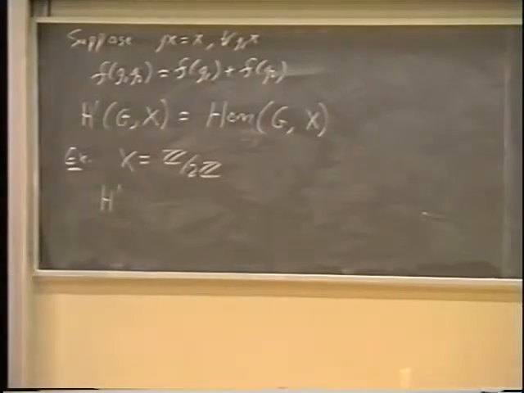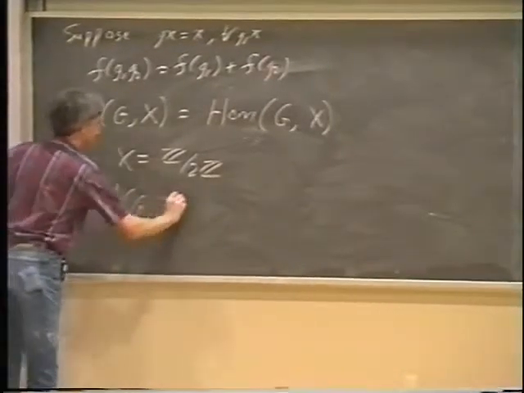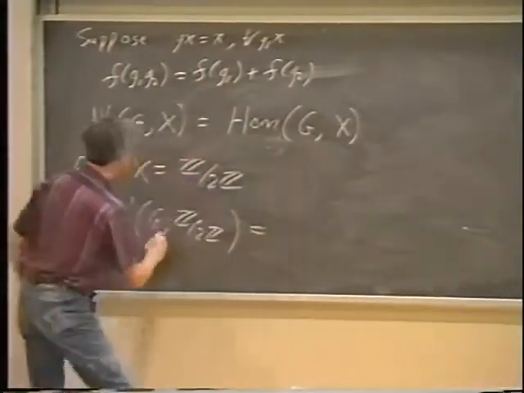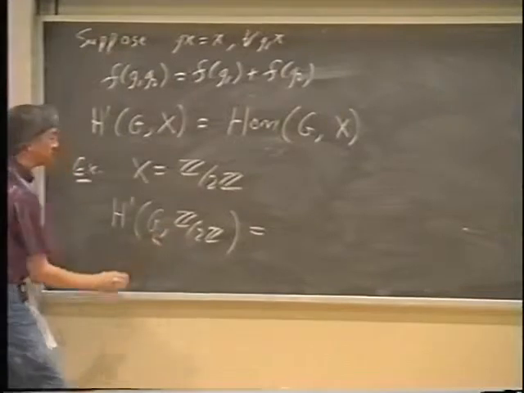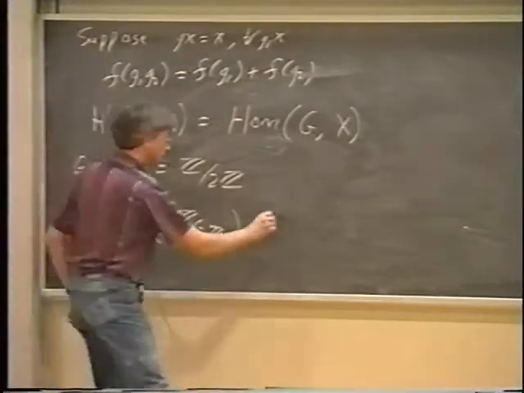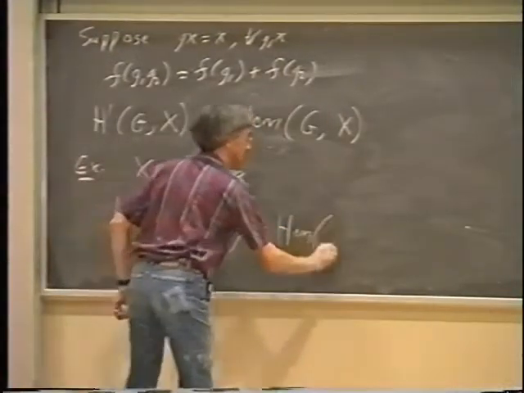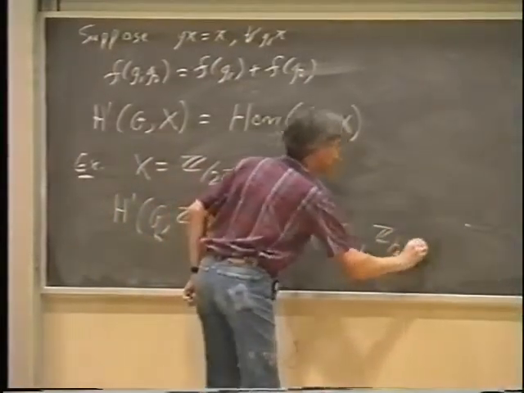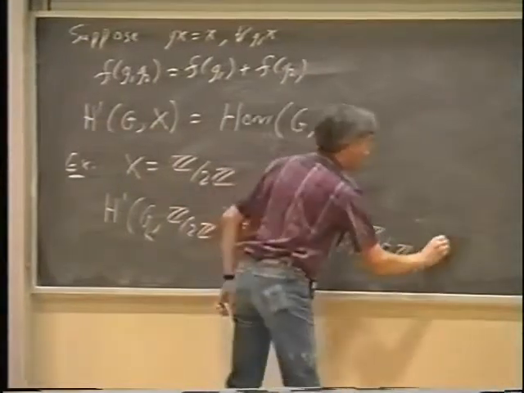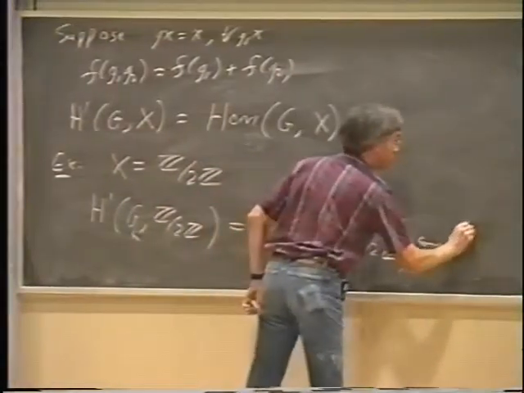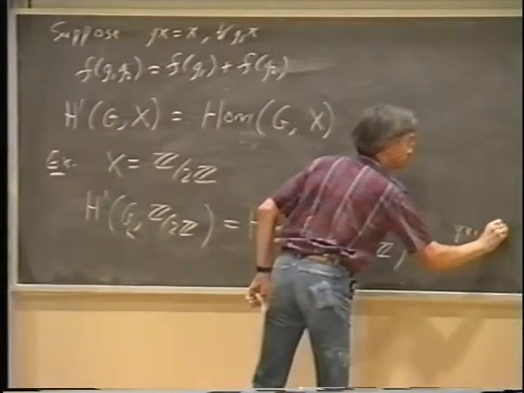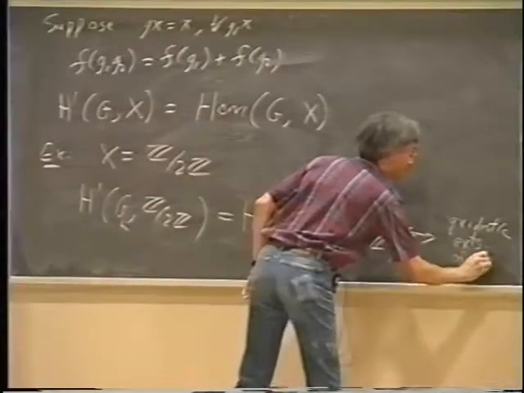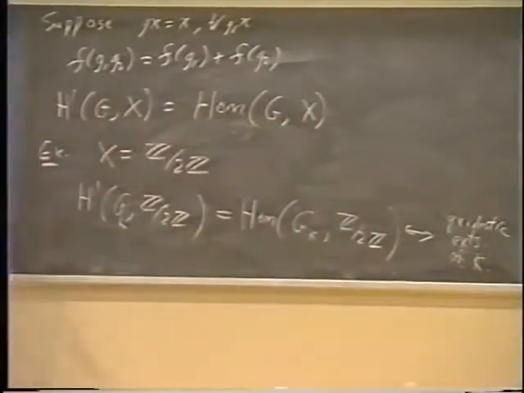So H1 of G with these coefficients, where I'm going to take G to be G_K for K a field, will just be homomorphisms from G_K to Z mod 2Z. And this just corresponds to quadratic or trivial extensions of K. How does the correspondence go?